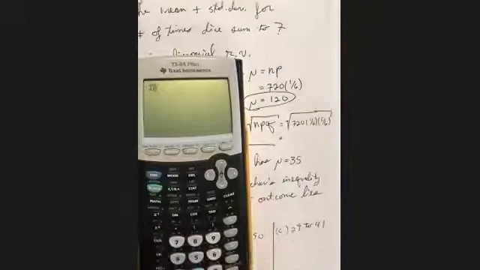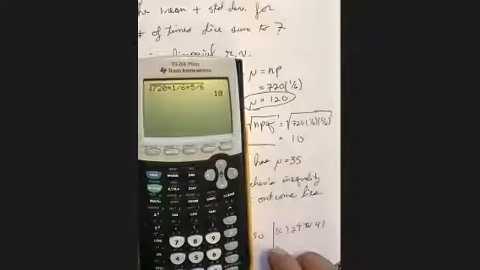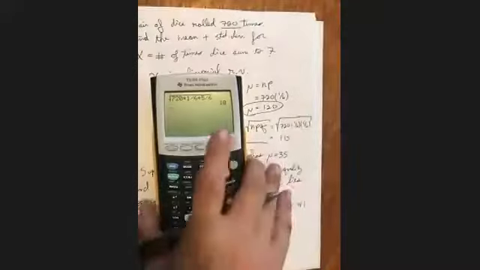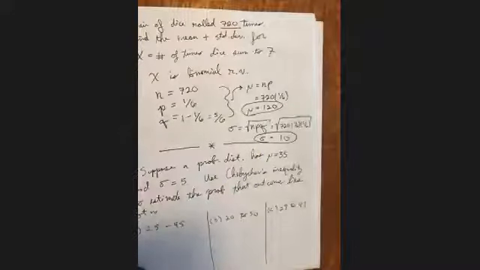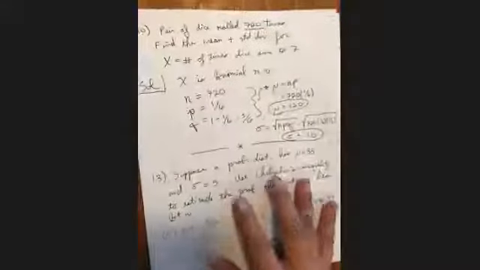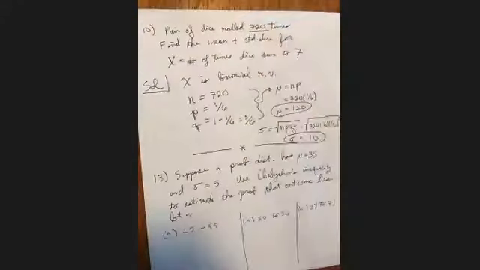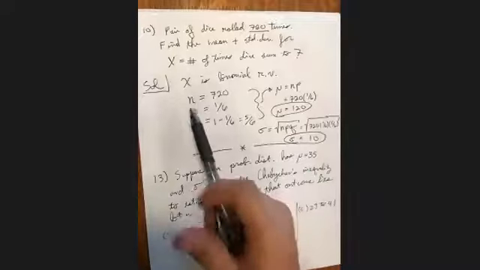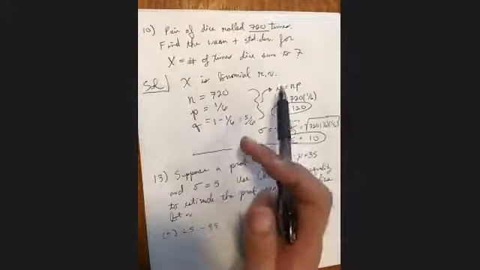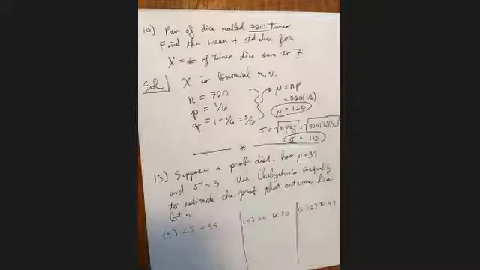Square root 720 times 1/6 times 5/6. Enter, and we get 10. So standard deviation of 10. So the solution to this problem hinged on identifying x, in this case, as a binomial random variable. And once we did that, we just needed to identify n, p, and q. And with n, p, and q, we could compute the mean and the standard deviation directly.